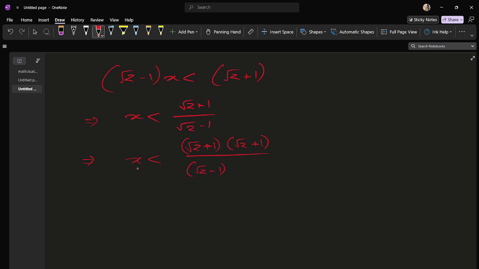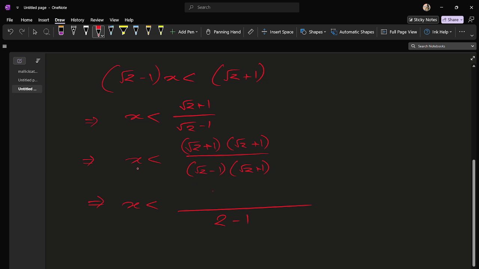Why am I multiplying with root 2 plus 1? I will explain later, or rather you can easily see that this is my a minus b and a plus b. The formula will give us a square minus b square, that is 2 minus 1.